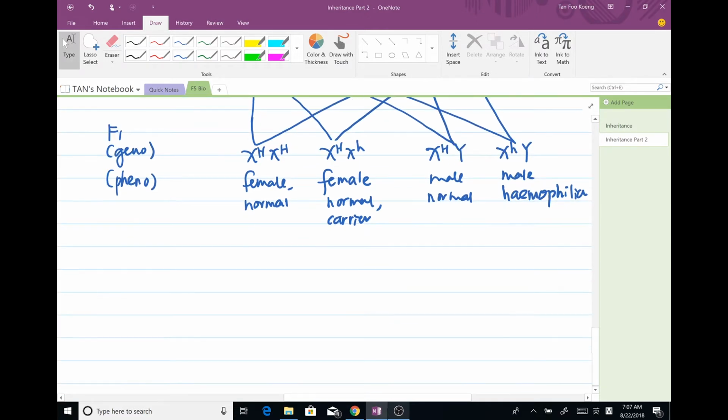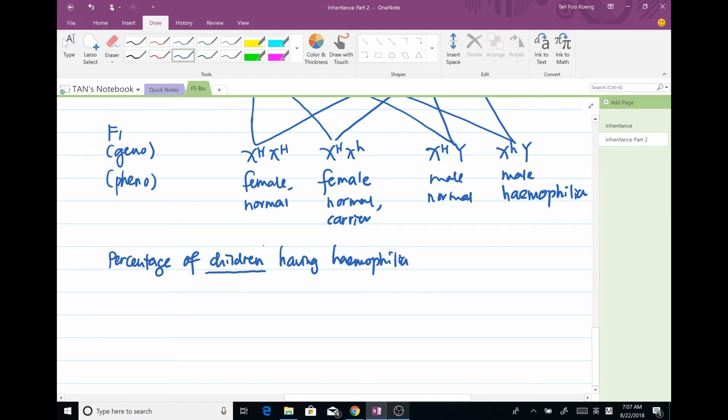Now still remember, normally we got to do a small conclusion on the ratio of them. So let's say if I want to ask, what is the percentage of children having hemophilia? What is your answer?